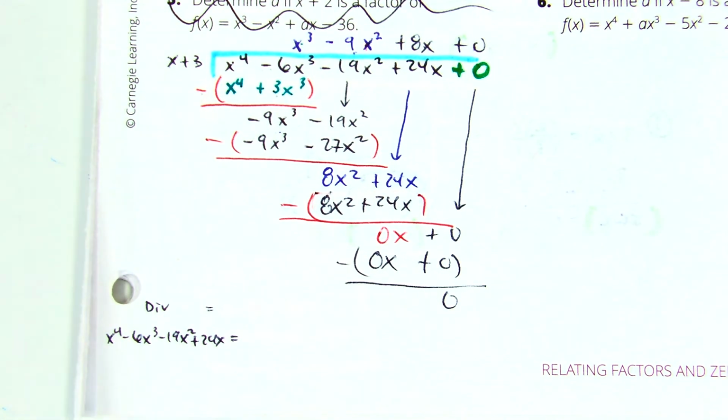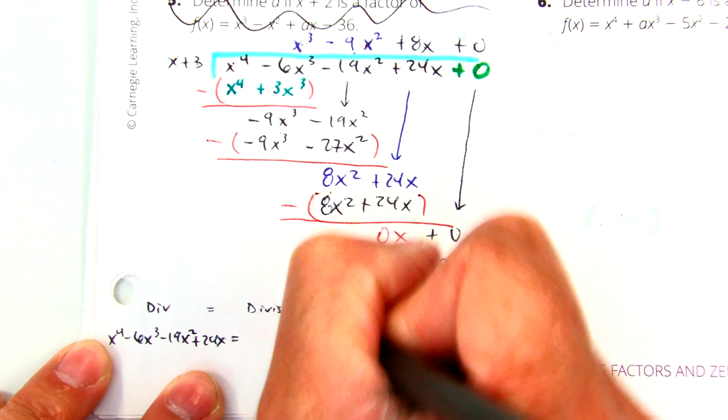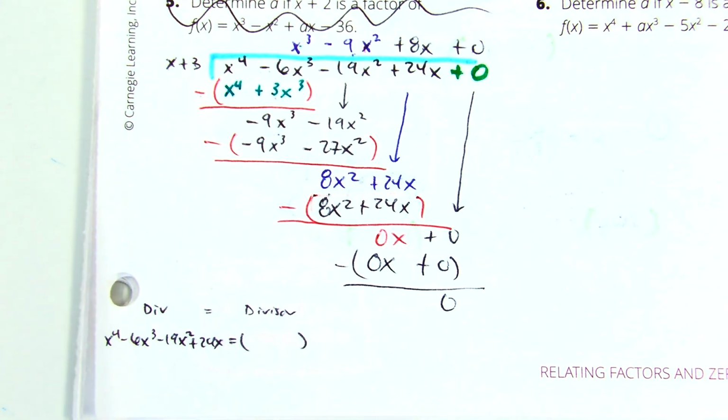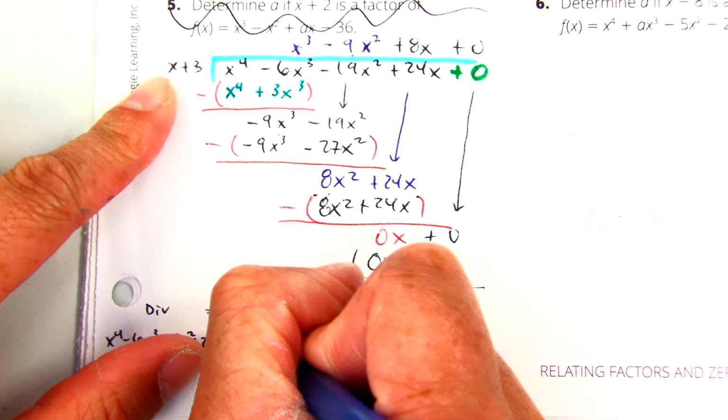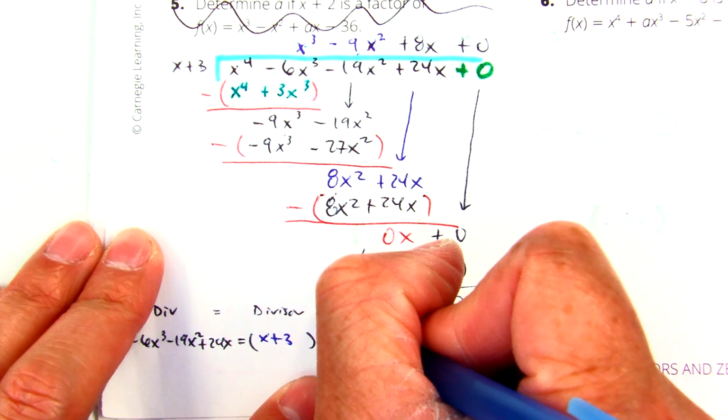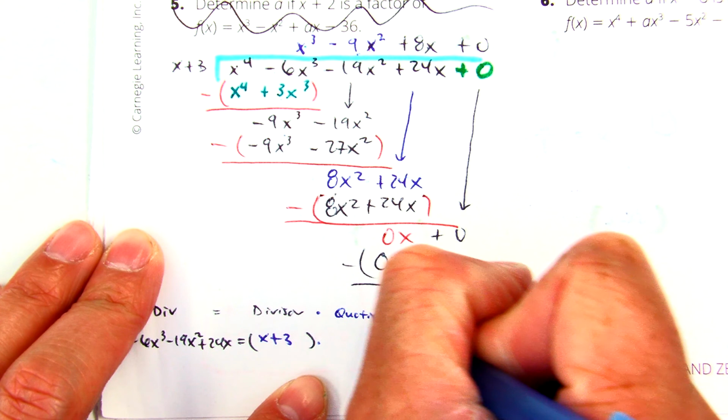Ariana, the divisor? Yeah, divisor's on the outside. Ashley, the quotient? Go ahead and tell me what it is, please.